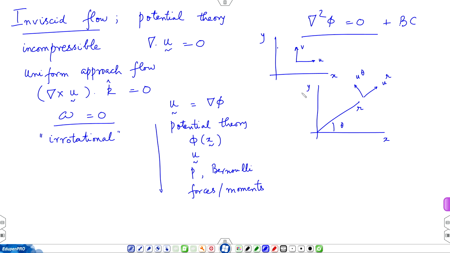The polar coordinates are also defined in the xy plane, and you know the connection between r theta on one hand and xy on the other. Using components, you can also map u r, u theta, the velocity components, to Cartesian u and v.